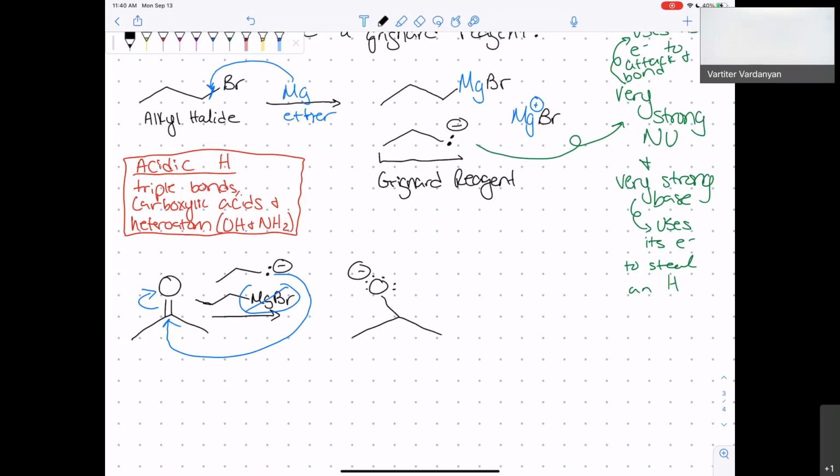Now, I know I didn't draw it in blue, but I'm going to make it blue so you can see the 1, 2, 3 carbons. Now, do we have any way to reform the double bond, take off any group? All right, but what would we kick off?